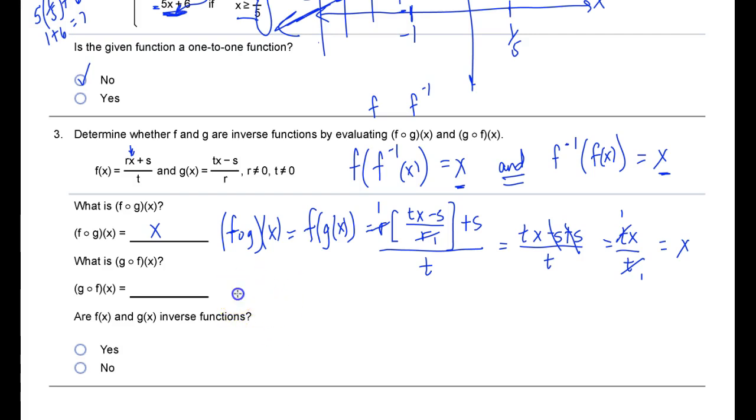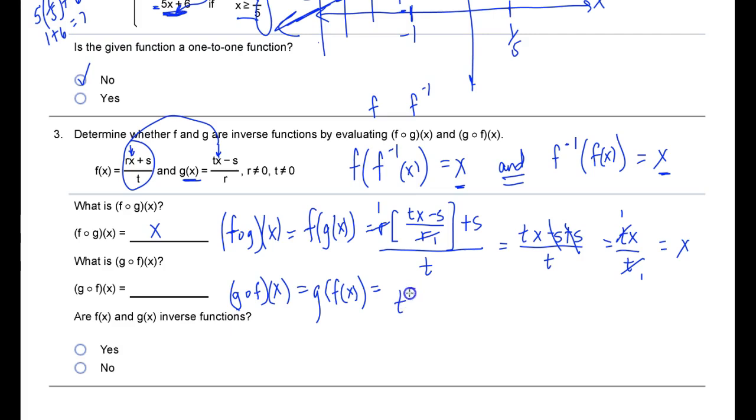When we work on g of f of x, we'll now do the reverse. So now for g of x, everywhere where we see x, we're going to replace it with everything here.